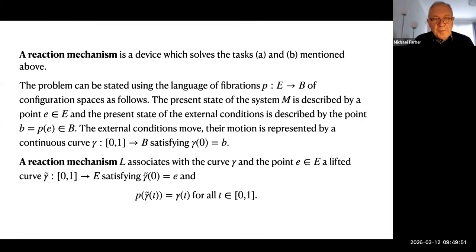A reaction mechanism L associates with the curve gamma and the point E, the current state of the system and the external conditions, a curve gamma tilde in the total space, which starts at point E and which projects onto gamma.